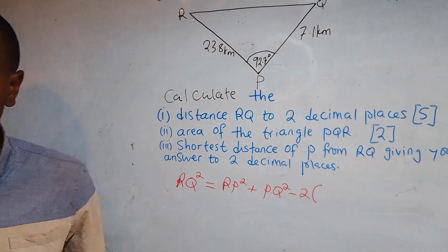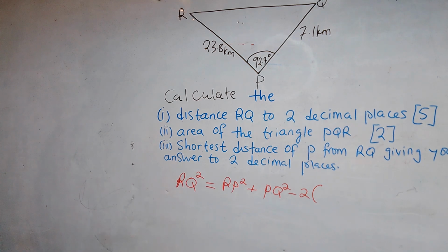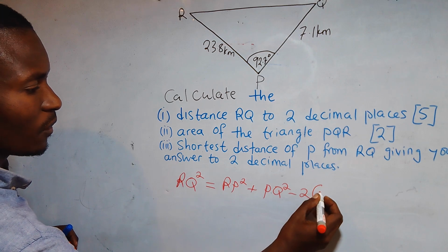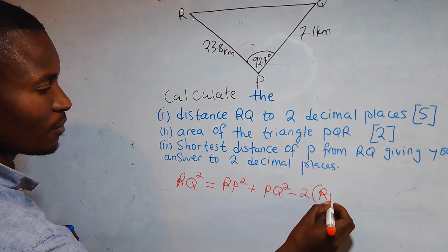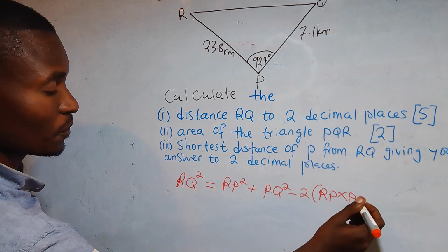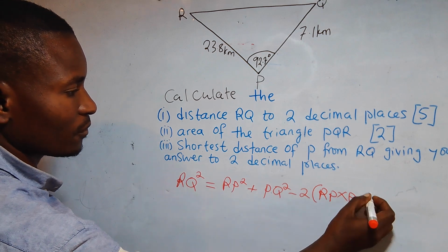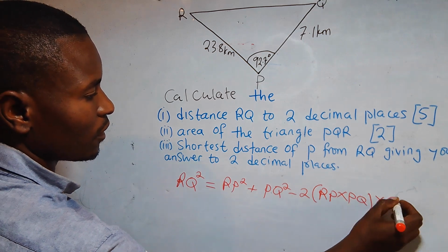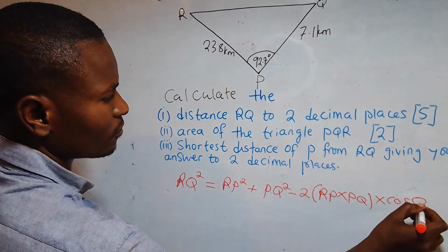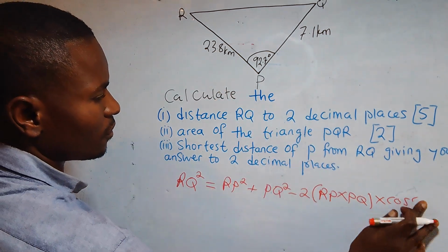You multiply by these two without squaring them. So RP multiplied by PQ, then multiplied by cos P.